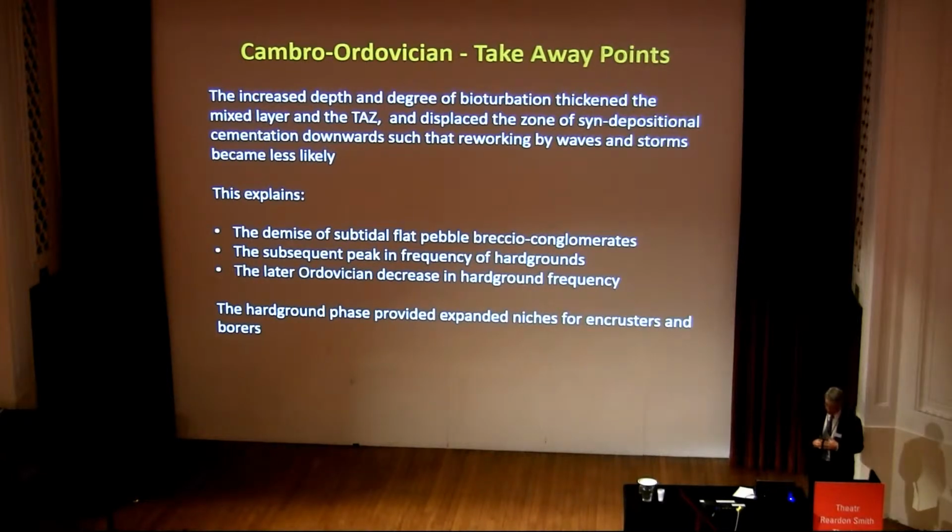The demise of flat pebble breccias, breccia conglomerates, from subtidal settings, the subsequent peak in hardgrounds, so well documented from early to mid-Ordovician, and the later Ordovician decrease in hardground frequency. And of course, it was because of this increase in the availability of hard substrates that we see a very significant expansion in the encrusting biota.